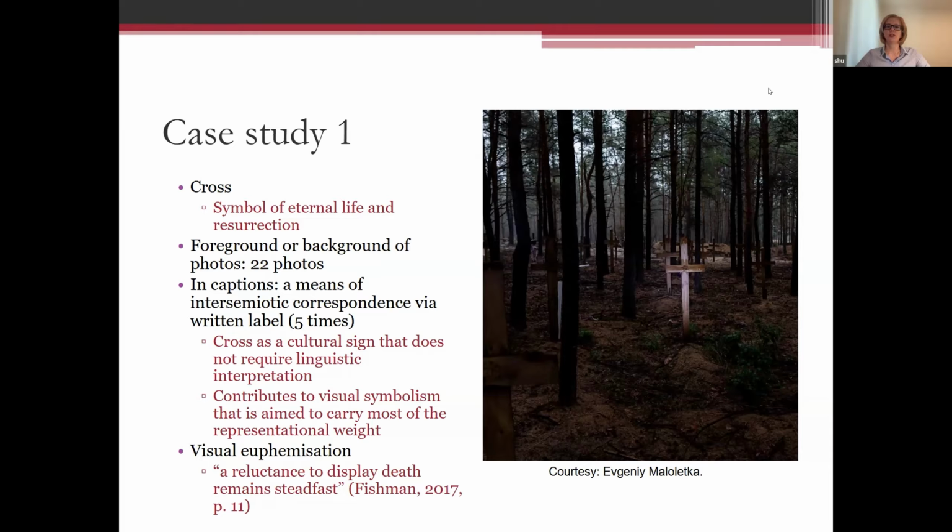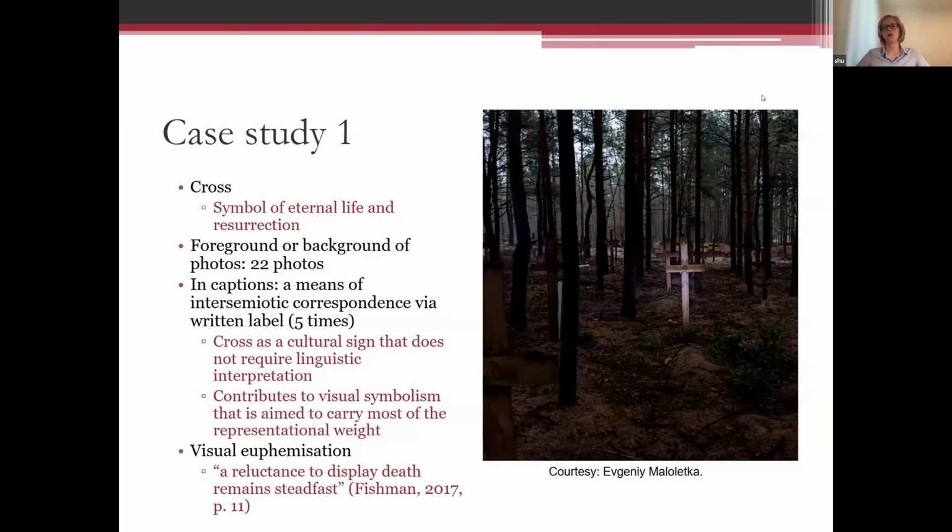One of the reasons for this is that the cross is a cultural sign or a cultural symbol that does not require linguistic interpretation. It also contributes to visual symbolism that is aimed to carry most of the representational weight. It stands for death, and it stands for those people who have perished and are buried underneath the cross.